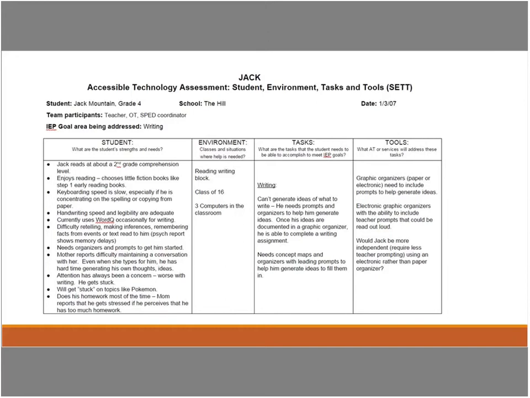Okay, great. Thanks, Christina. Was the student able to use whatever technology or strategy was recommended during that process? How did things work out?